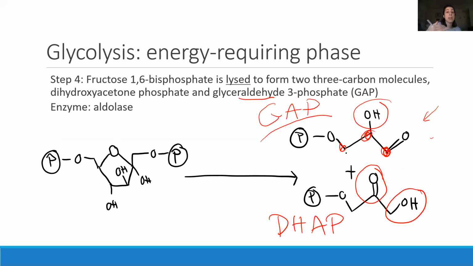So once it gets made here, it is then further utilized in other areas. And by keeping it low, there's less of a chance of it recombining with DHAP and then going backwards to form the fructose 1,6 bisphosphate. The enzyme that catalyzes this reaction is called aldolase.